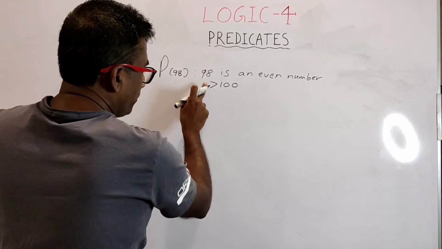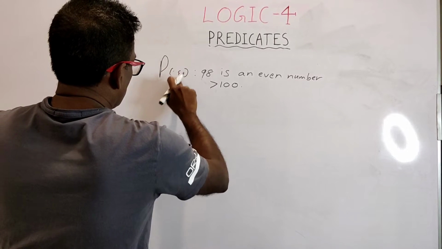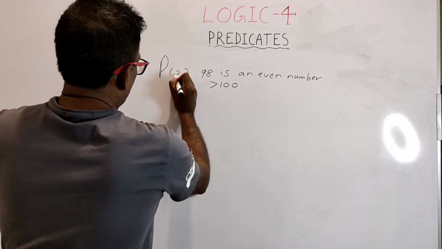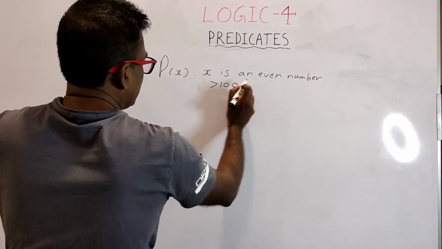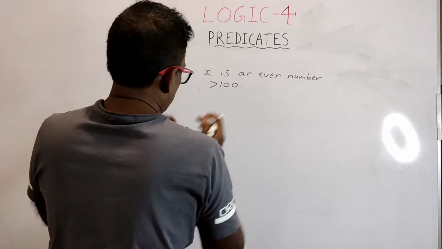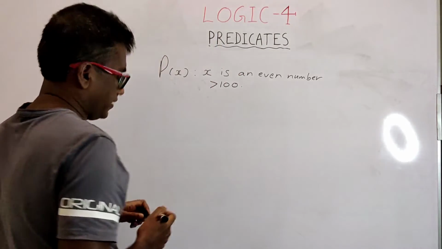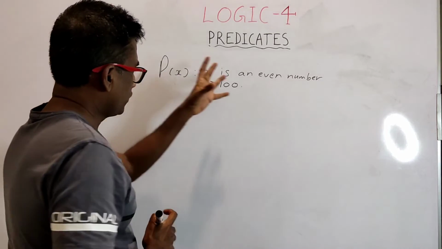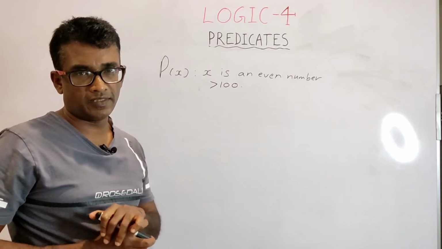So 98 would not be included in this predicate. So in this case, when the predicate is x is an even number greater than 100, the truth set is going to be all the even numbers which are greater than 100. Now I hope you understand the concept of the truth set.